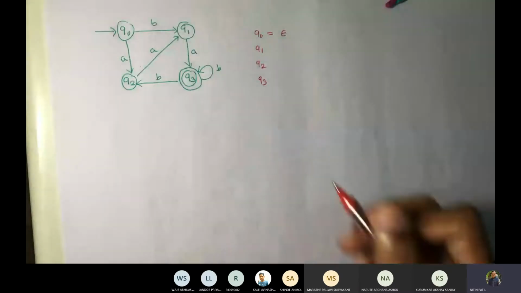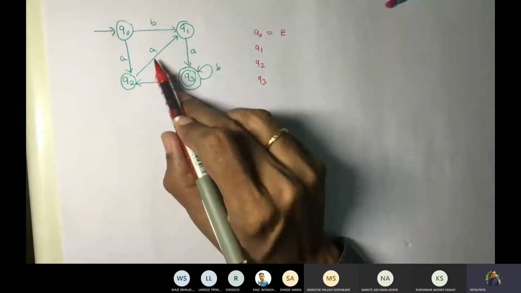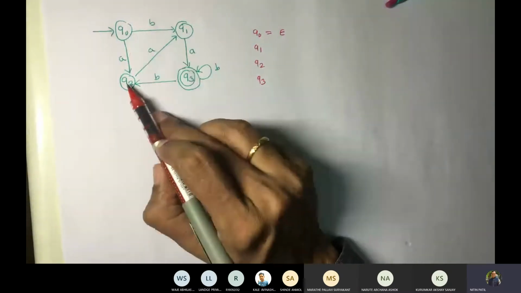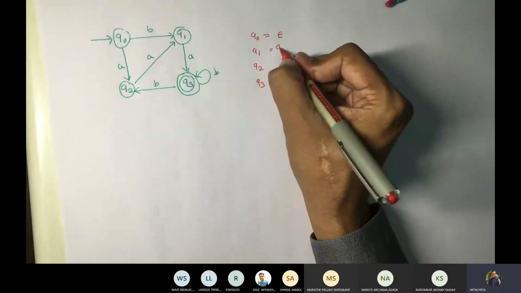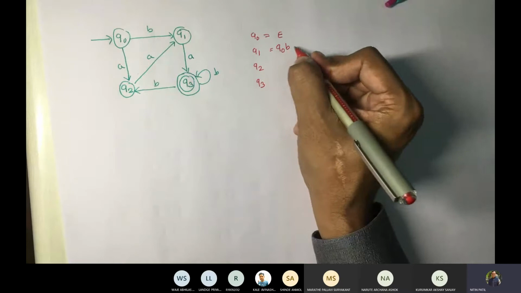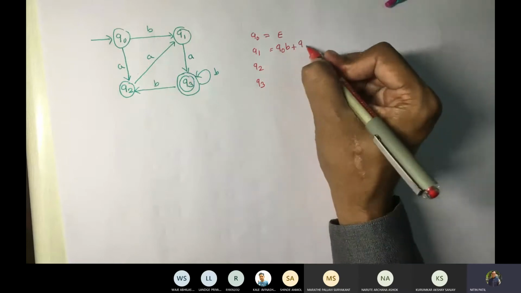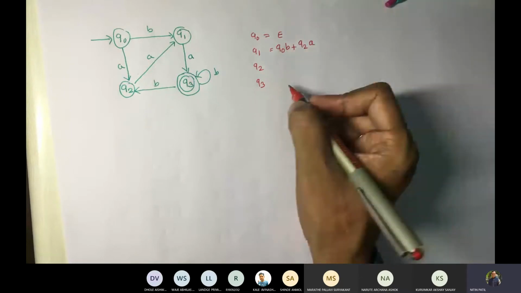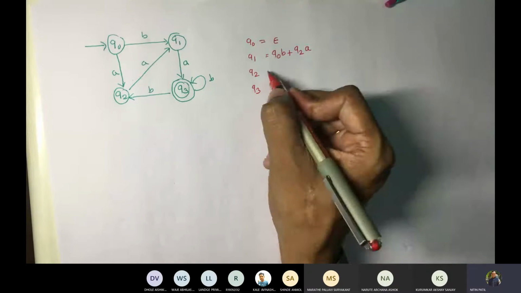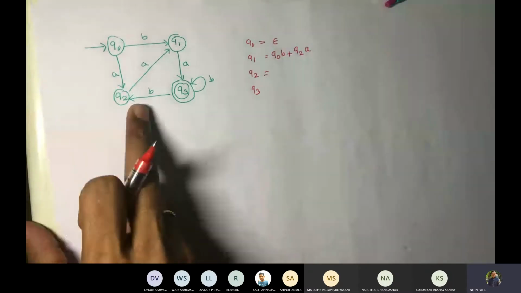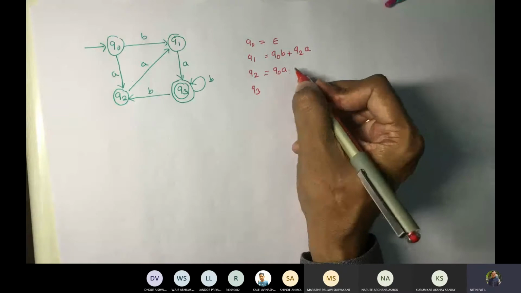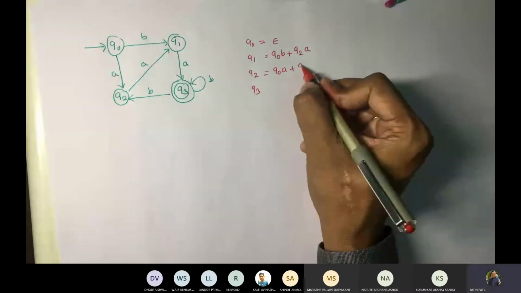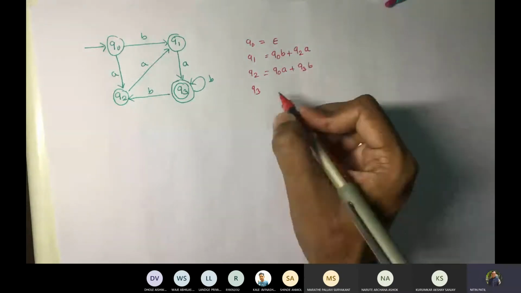Fine. So now we'll concentrate on state Q1. There are two incoming transitions. One is coming from Q0 and the other one is coming from Q2. So from Q0 we write Q0B plus Q2A. Correct. Similarly, for Q2, there are two incoming transitions with A and B, so we'll write Q0A plus Q3B.